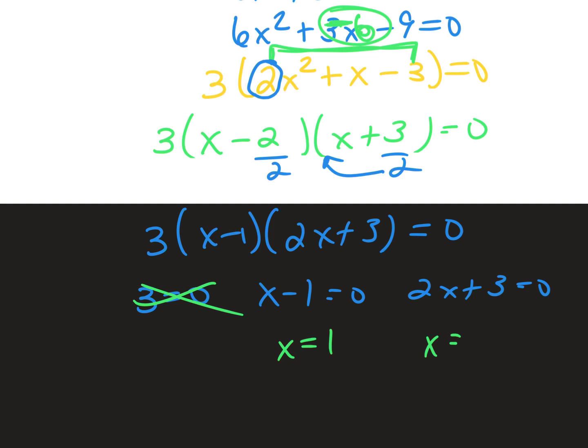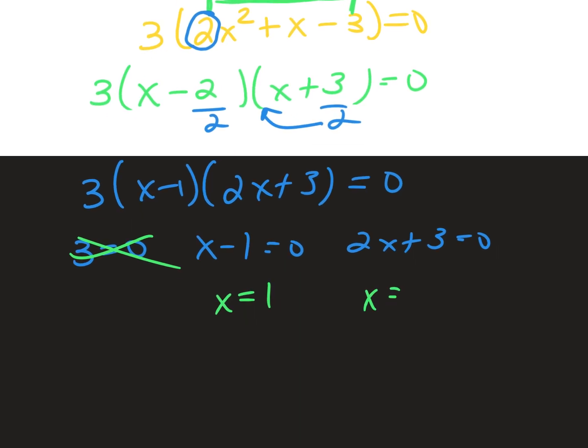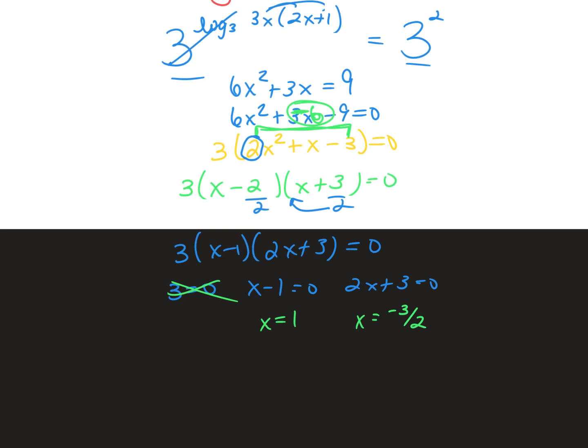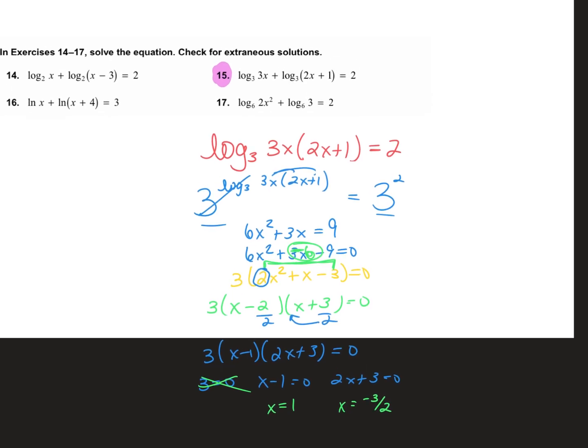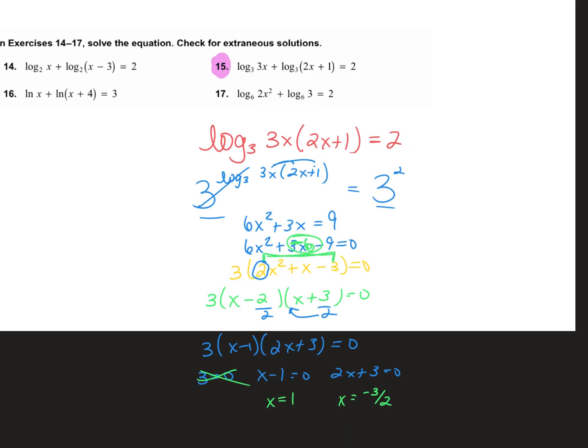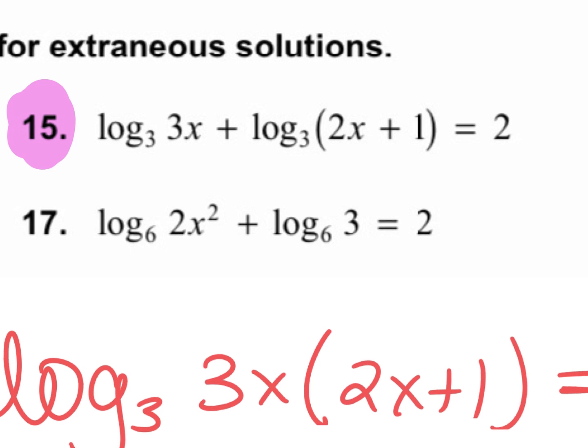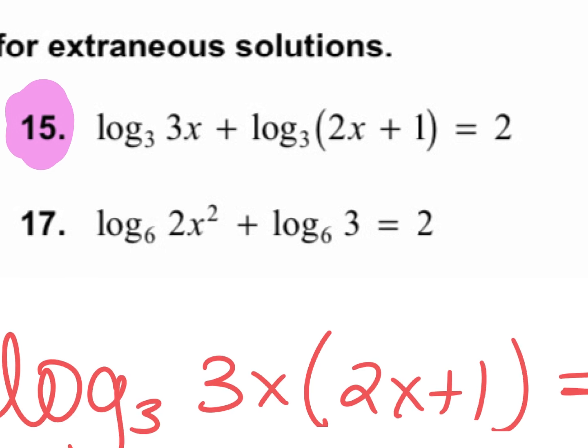If I move the 3 over, it becomes negative 3, and then divide by 2. So I get what? Negative 3 over 2. All right. Are both of those answers valid? How do I check? Go back up to the original. If I plug in a positive 1, do either of those logs become negative? No. So we're good.